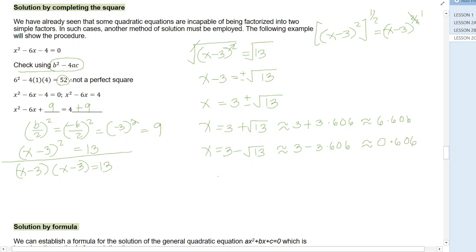So the roots are 6.606 and negative 0.606. So these are the roots of x squared minus 6x minus 4, since we cannot factor that directly.